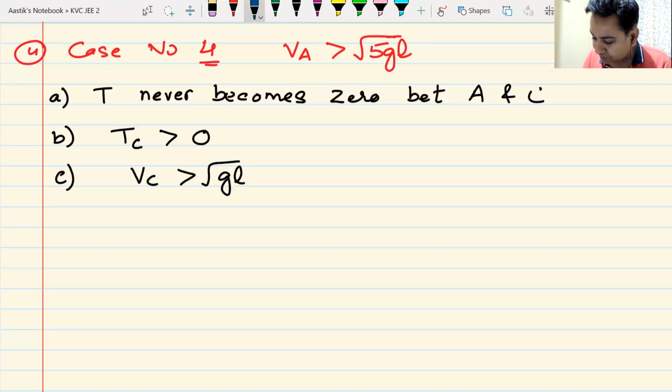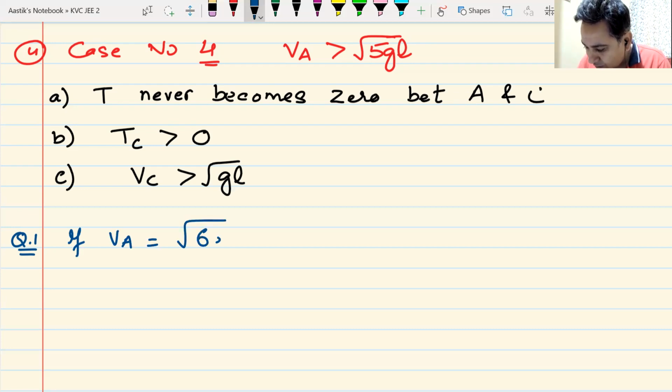let us do a question. I'll write the question in very short language so that we don't waste time writing it, and we concentrate on getting the answer. If speed at point A is root over 6GL, find everything.